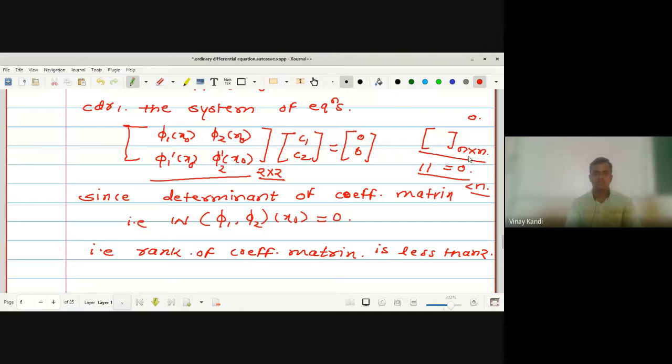Okay, in this case, the matrix is 2x2 and the determinant at that point x naught is equal to 0. It means that the rank of the coefficient matrix is always less than 2.